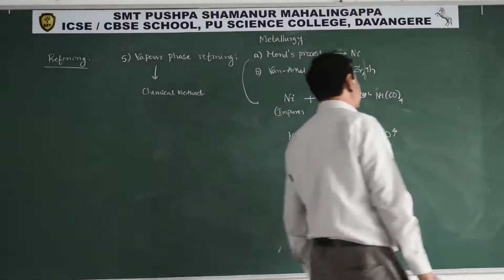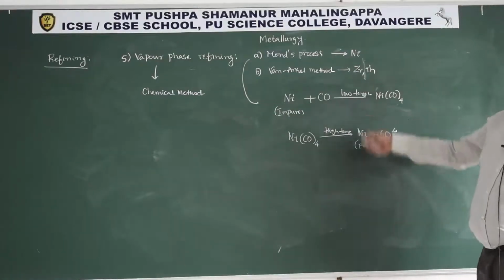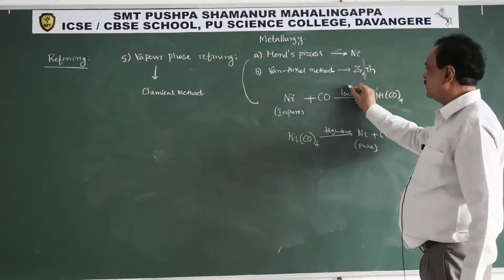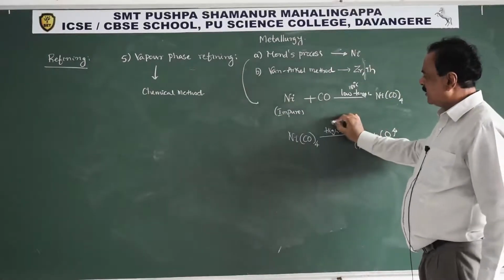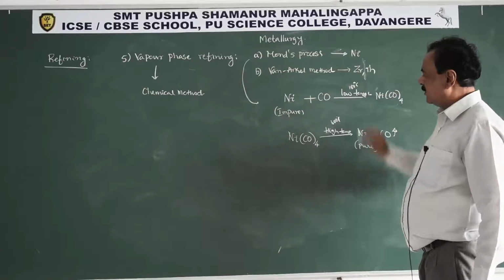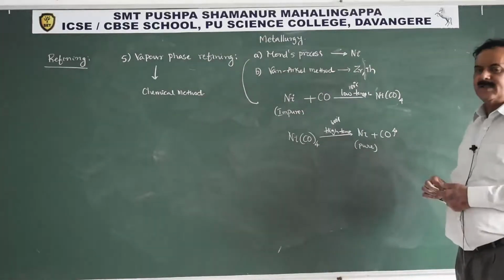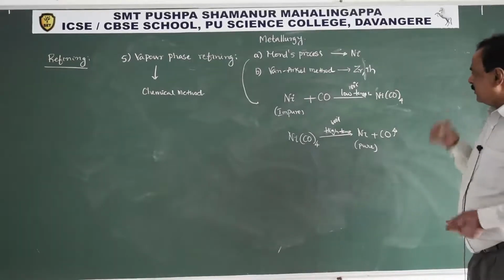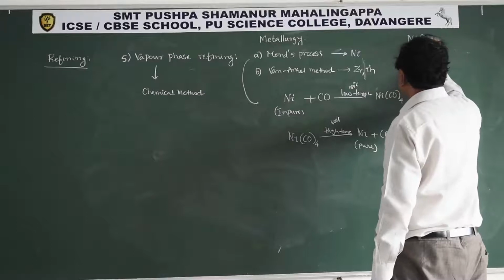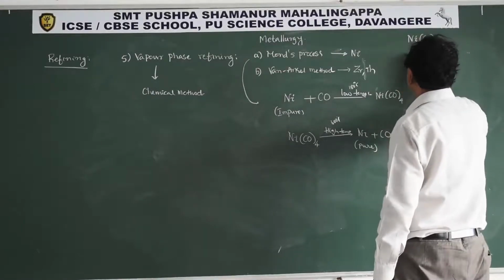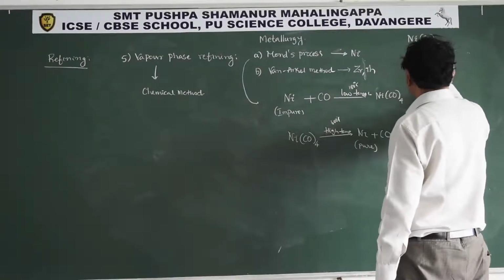Usually at 180 degrees Celsius, a low temperature, not below the laboratory temperature, it gives nickel tetracarbonyl. When the same compound is heated at 300 degrees Celsius, it decomposes to give pure nickel, and carbon monoxide is eliminated. What about the oxidation state of nickel? In your entrance exam, they will ask for the oxidation state of nickel in nickel tetracarbonyl. Carbon monoxide is a neutral ligand.